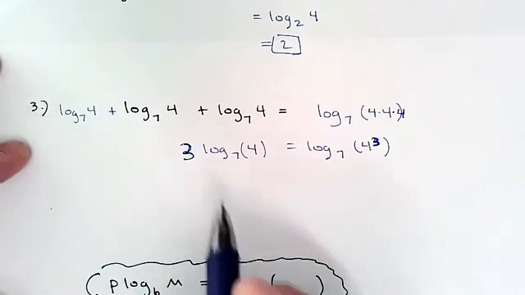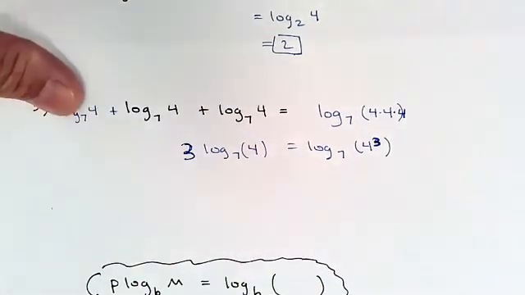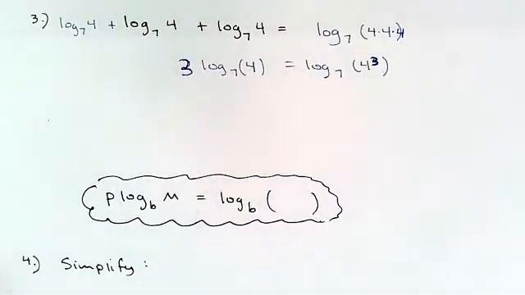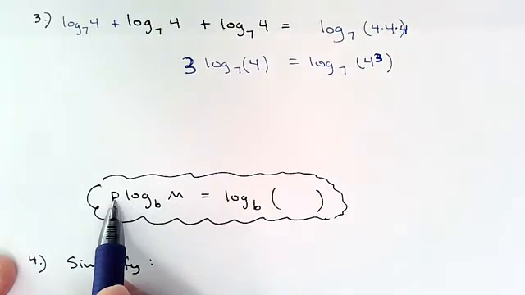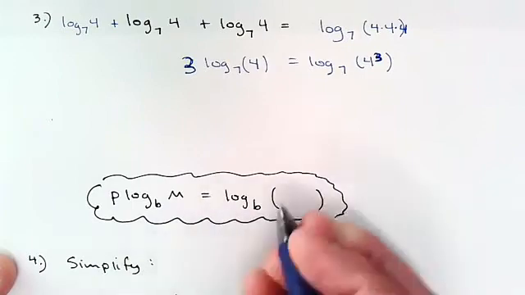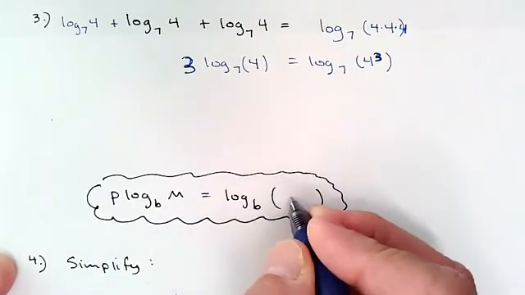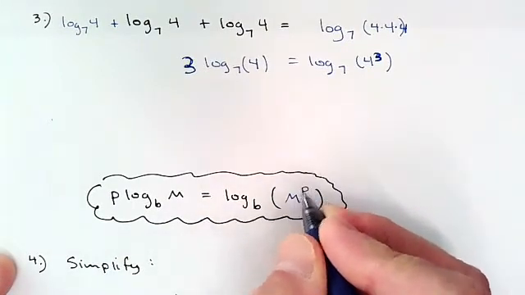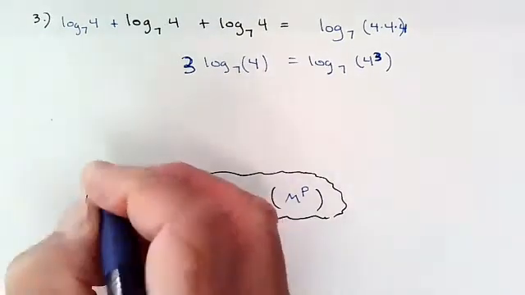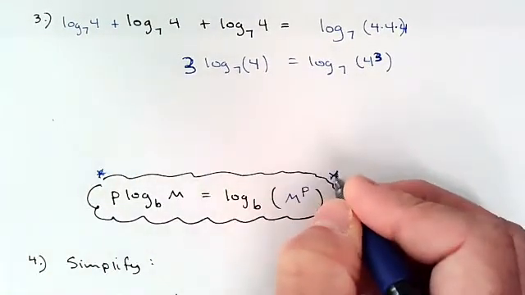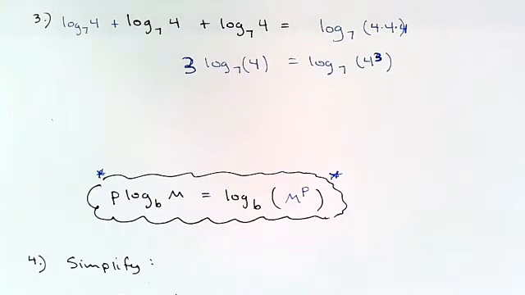So it doesn't matter what this number is. This third property of logs says if you've got a number multiplied by a log, p times the log base b of m is the same thing as the log base b of m raised to that power. That is our third property of logs.